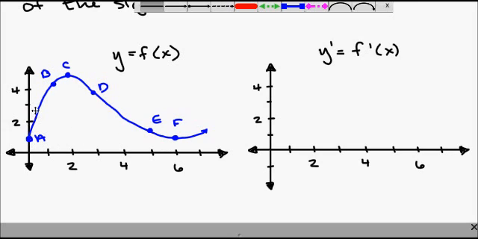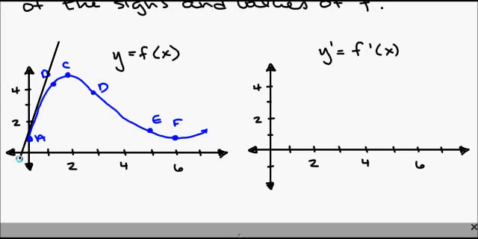If I look at point A, I'm going to draw a tangent line here at A to the curve. I have a point at 0, 1, and then it looks like my next point is at 1, 5. So I went up 4 over 1.